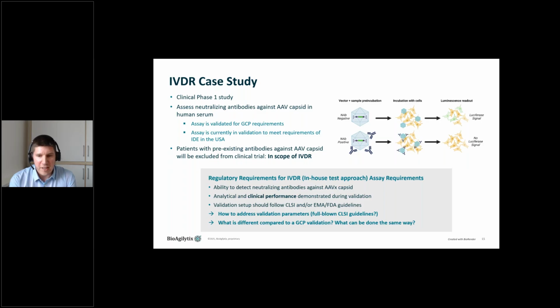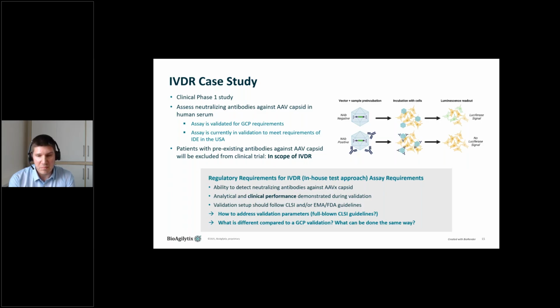But then the question comes up, how to address the regulatory requirements for IVDR for such a test. If a GCP assay is already available, of course, it doesn't change the need to be able to detect the neutralizing antibodies against the capsid. According to the IVDR, we don't only need to demonstrate analytical performance, but also clinical performance.